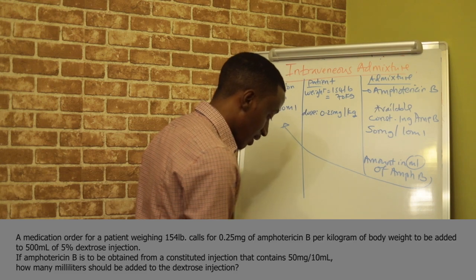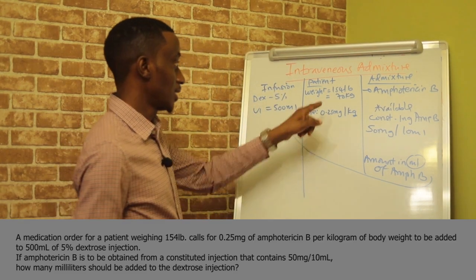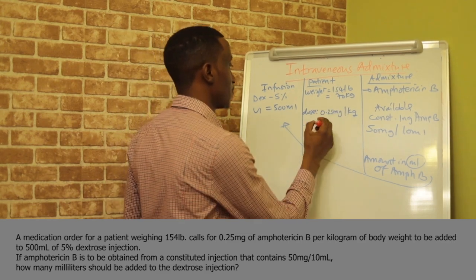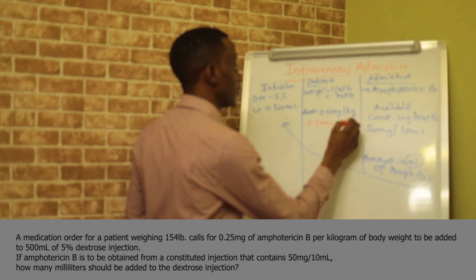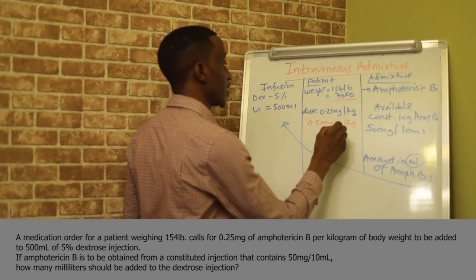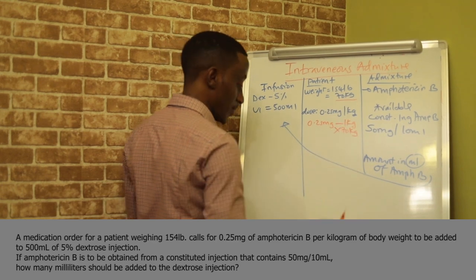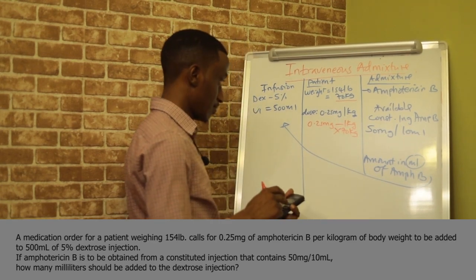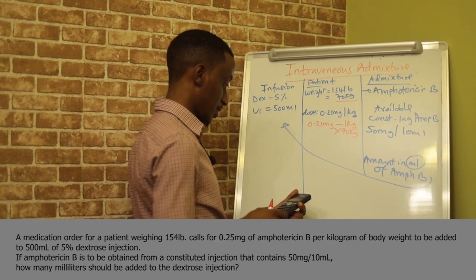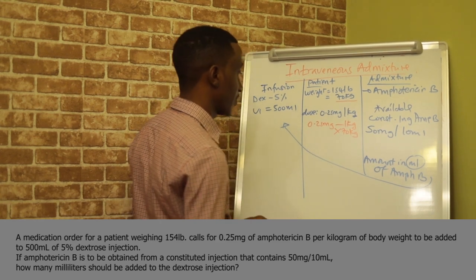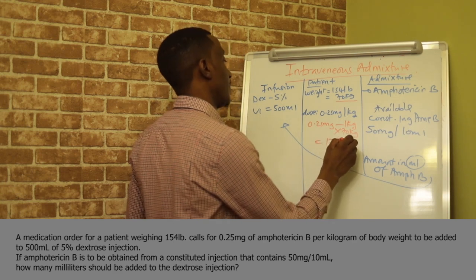First step, you need to know the total amount of drug to be consumed by the patient. The usual dose for this patient is 0.25 milligrams per kg, but this patient has a total of 70 kilograms. If we multiply 70 by 0.25, that is 17.5 milligrams.